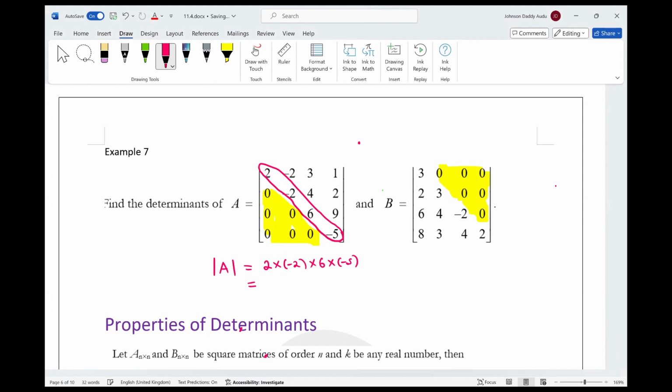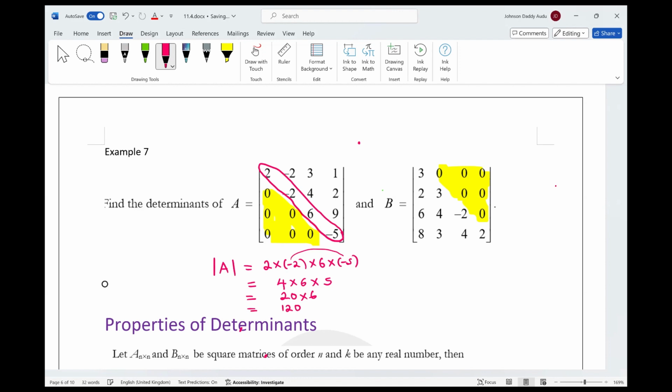This minus and this minus will go. So this is just 4 times 6 times 5, right? This is just going to be 20 times 6, which is 120.